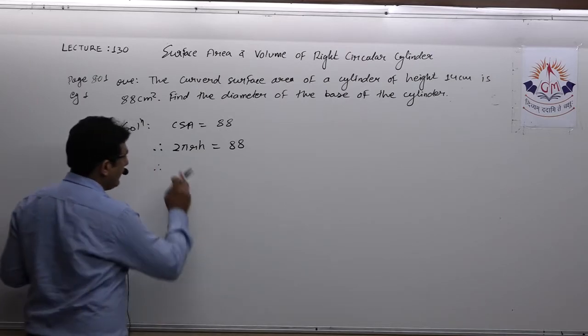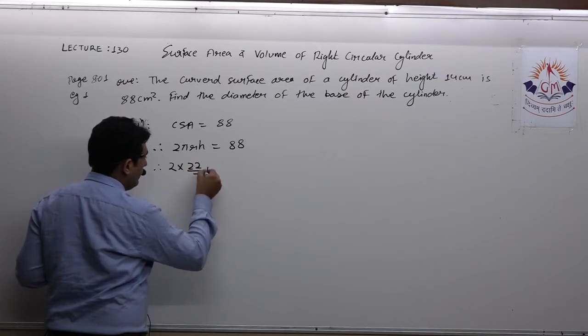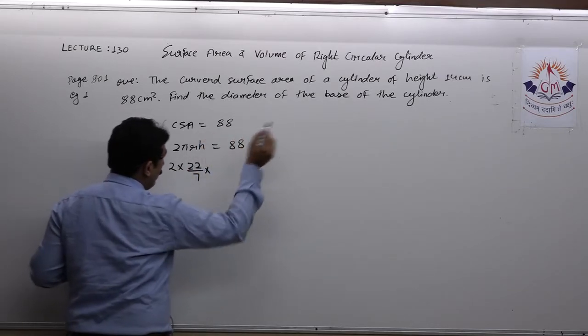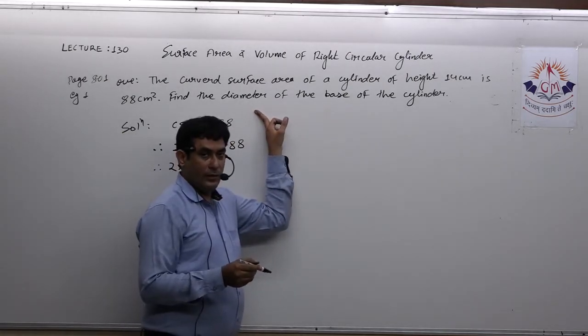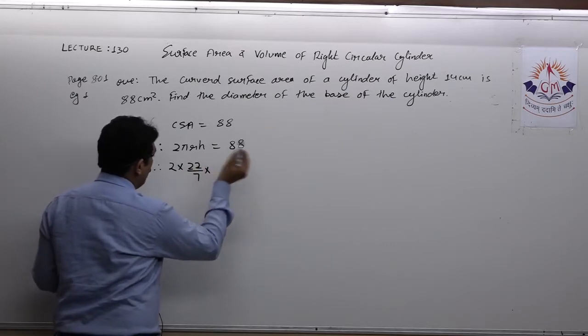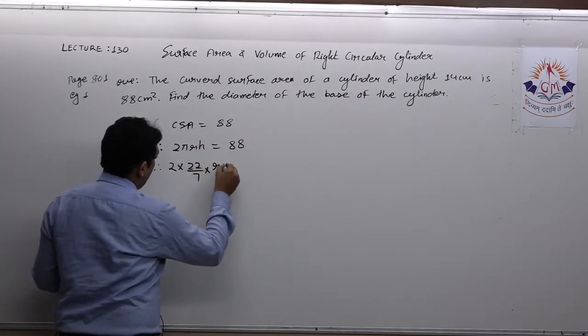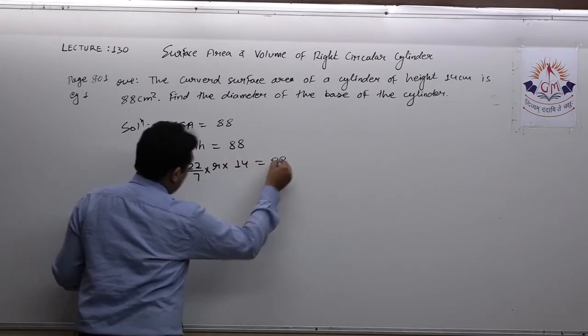So over here 2 is a constant, pi is again a constant, 22 by 7, r is not given. They are asking diameter. That means if we are able to get the r, we can easily get the diameter. Now r I keep as it is. h is given, 14, is equal to 88.